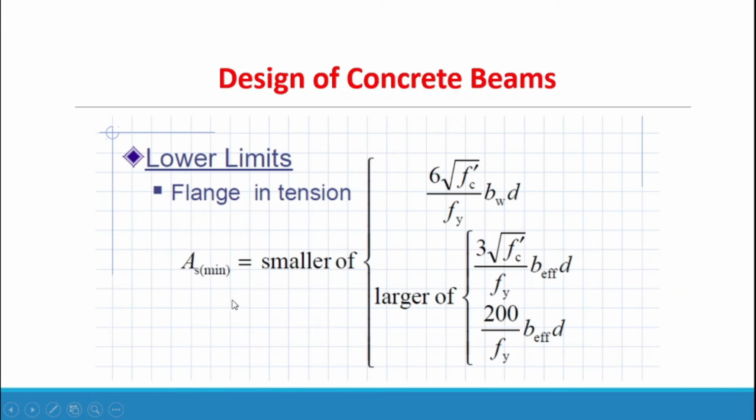Flange in tension, A sub S minimum should be the smaller of 6 square root of fc prime all over fy times bwd, and the larger of 3 square root of fc prime all over fy multiplied by b effective times depth, or 200 over f sub y times b effective times d.